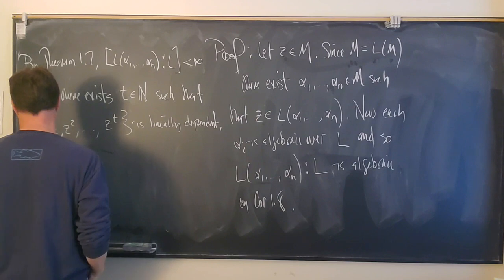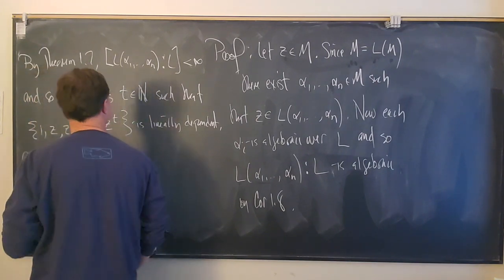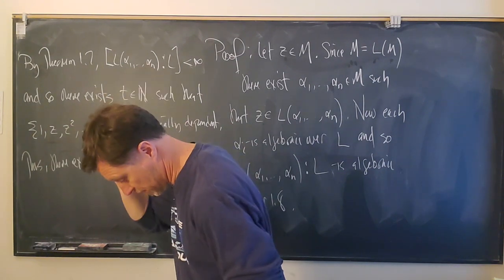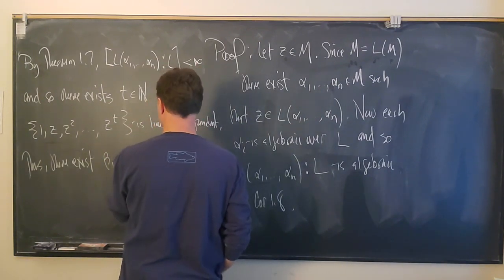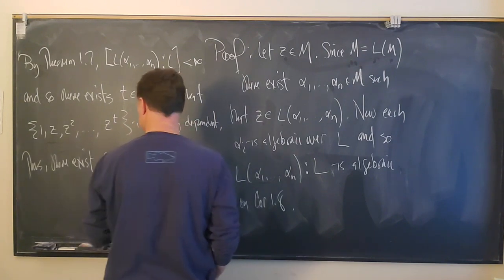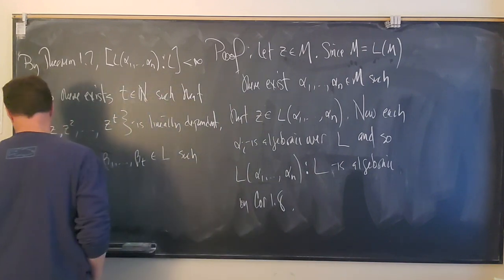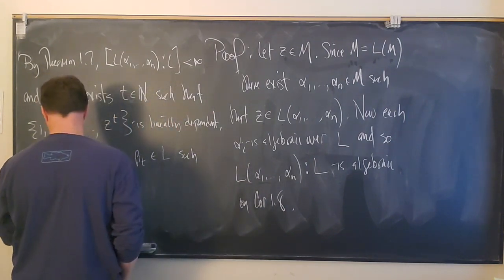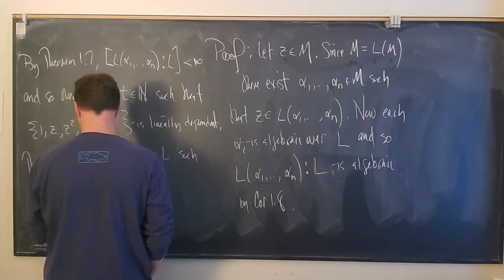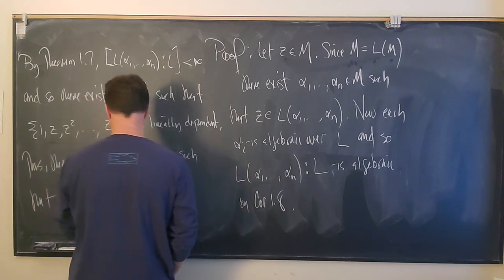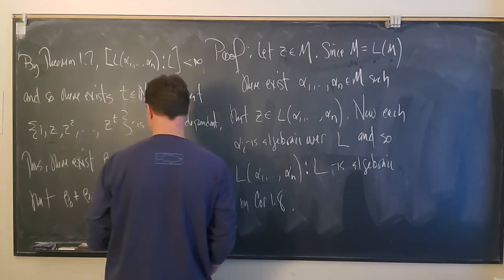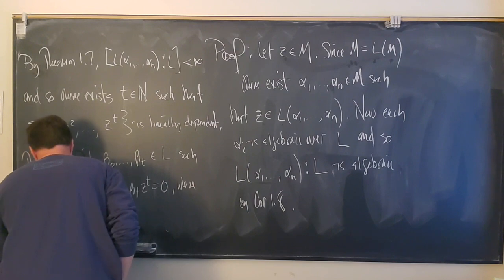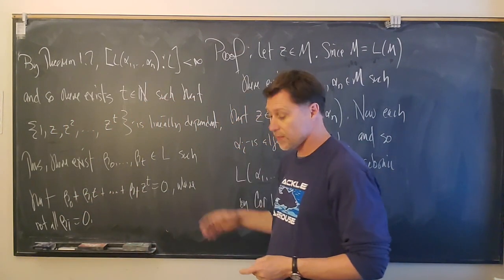So thus there exists beta 0 up through beta t, and the coefficients, of course, are going to come from L, so these are in L, such that beta 0 plus beta 1 z plus up to beta t z to the t is equal to 0, where not all beta i equal 0. So it's a non-trivial linear combination that adds up to 0.